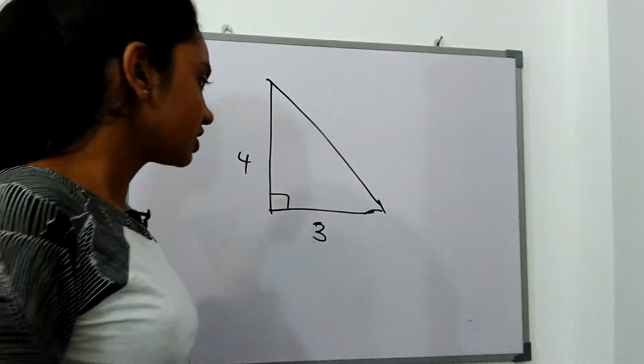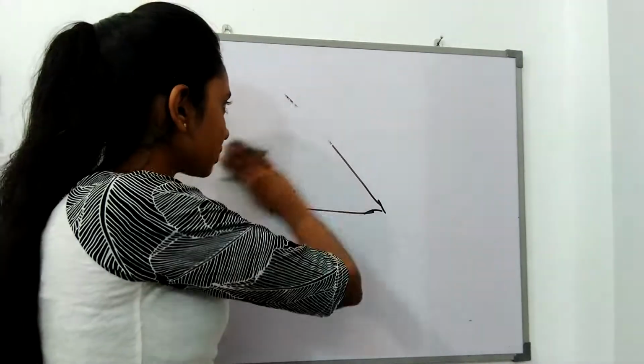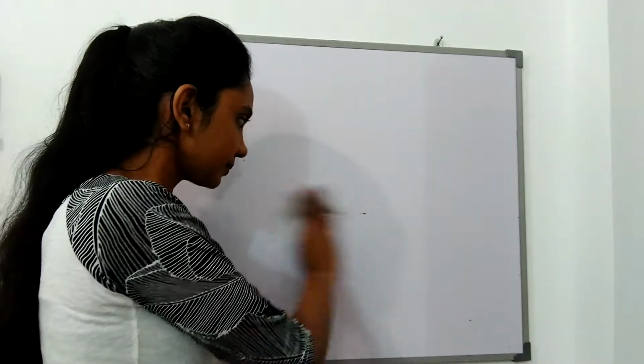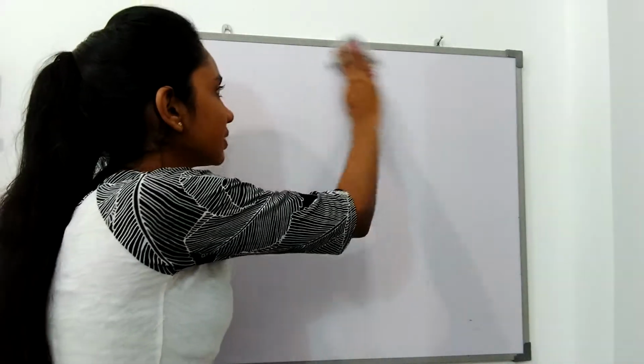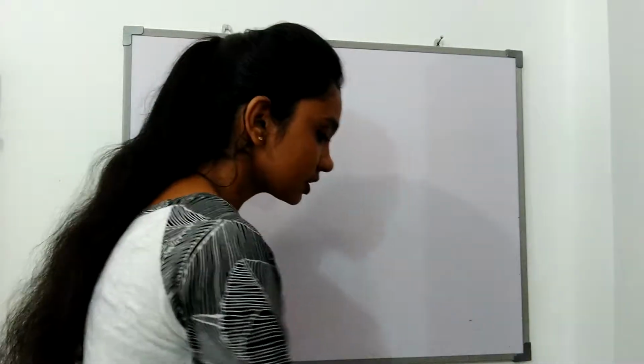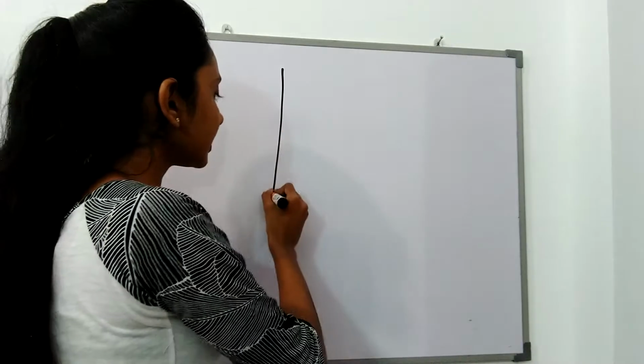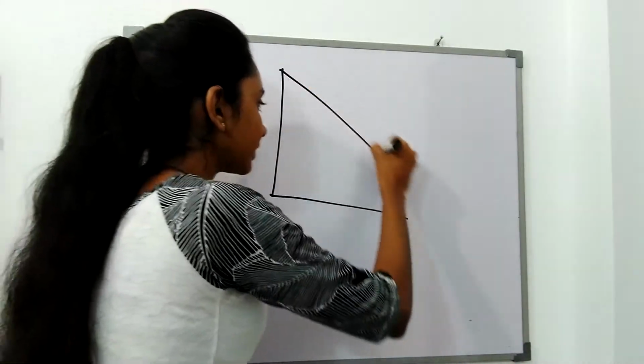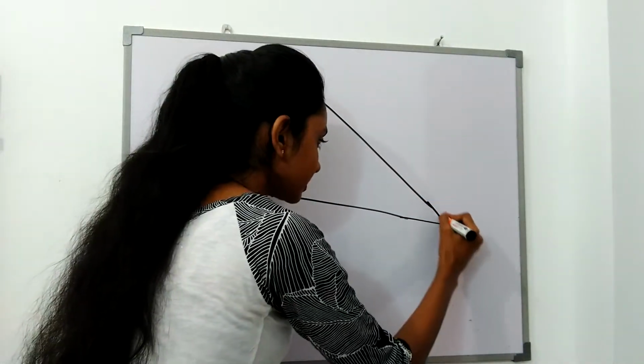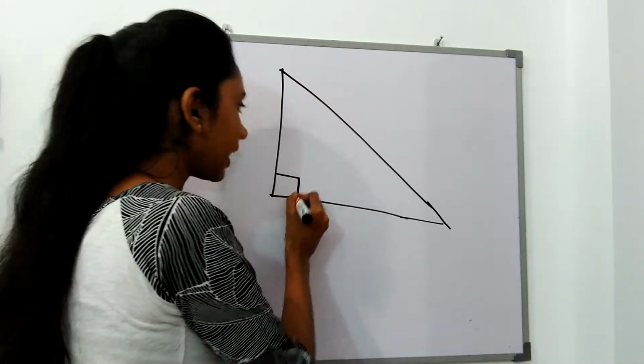Okay, so trigonometry children. Before going for this one, in trigonometry we are naming the three sides of a right angle triangle. If we take a right angle triangle like this, this is the right angle.